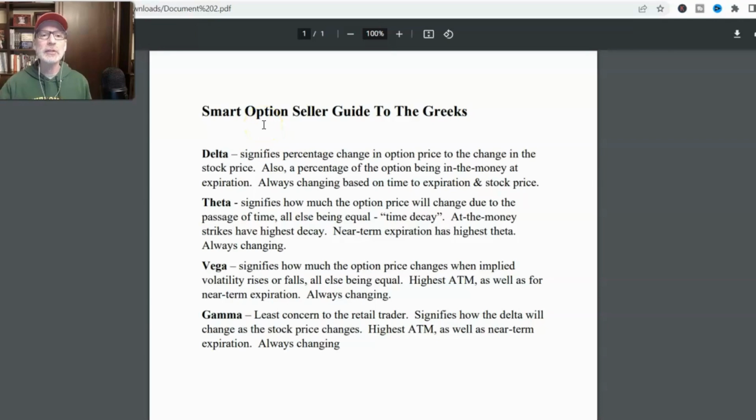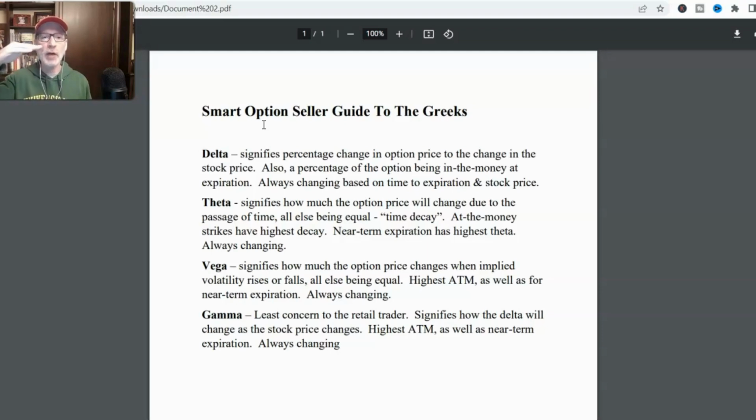Delta, for those that don't know, okay, let's step back here for a second. Delta ranges from 0 to 100, and it's listed as a percentage. So it's 0% to 100%. What does that mean? Each option has all four of these Greeks. So the delta of the option will tell you how much the option price will move in conjunction to the stock price moving.